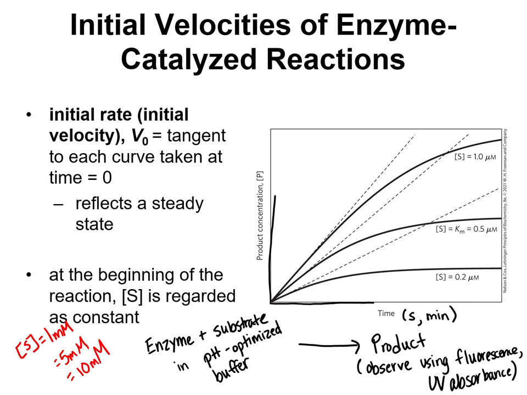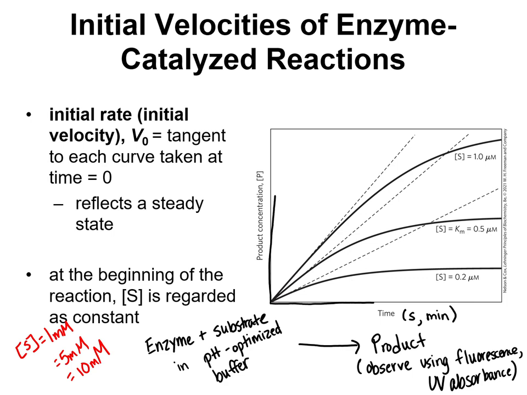If you take the tangent of each curve at time 0, that reflects a steady state. So that gives you the initial rate, the initial velocity of the reaction. And we can treat the concentration of S as a constant because it's at the beginning of the reaction.